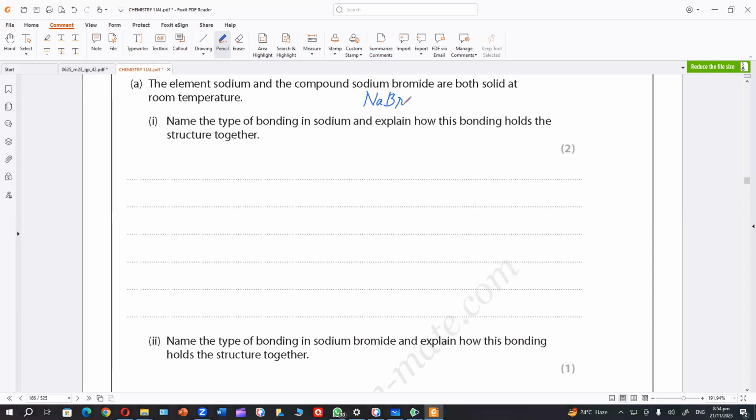Sodium is a metal, so metallic bonding. How should I write after that? He is giving me 2 marks.